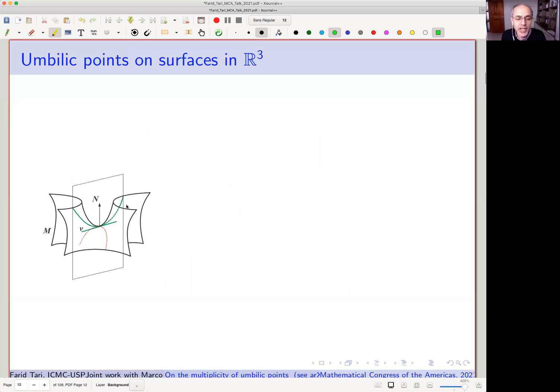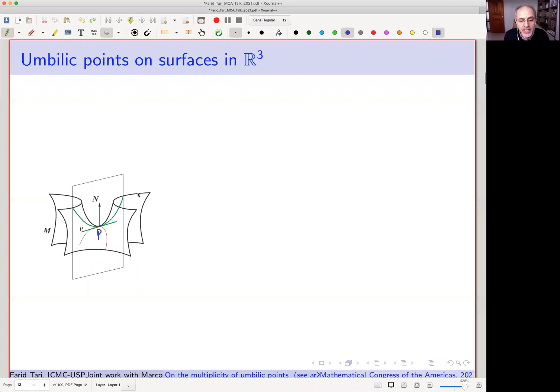So what is an umbilic point? Suppose I have my surface M and the point P0, I fix my point P on the surface. At this point, suppose I choose a direction v in the tangent plane. With this direction and the normal to the surface, I can form a plane which passes through P and which is generated by N and v.